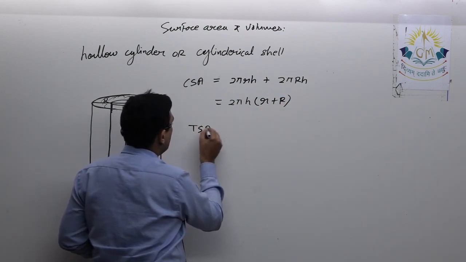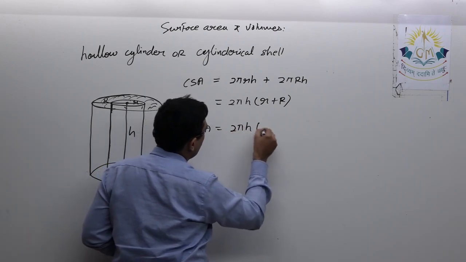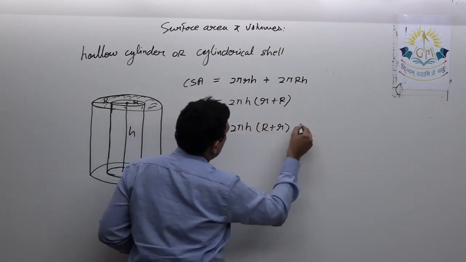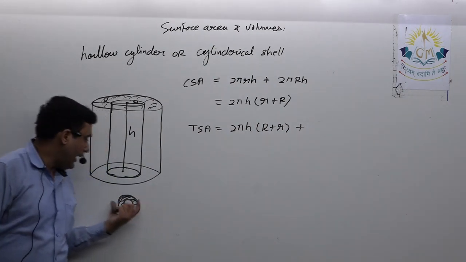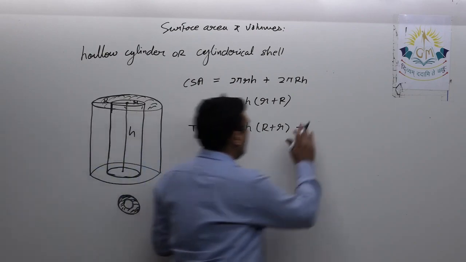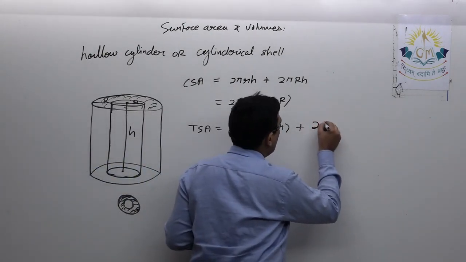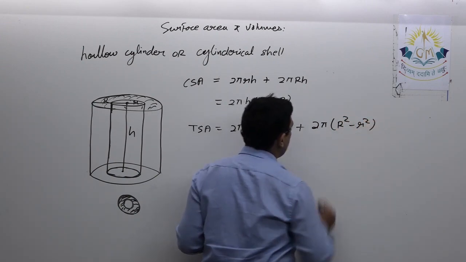Now we'll say TSA. TSA is definitely, first of all, the curved surface area. After this curved surface, we have to add the area of ring on both the sides. That means I have to add 2 pi times capital R square minus small r square.